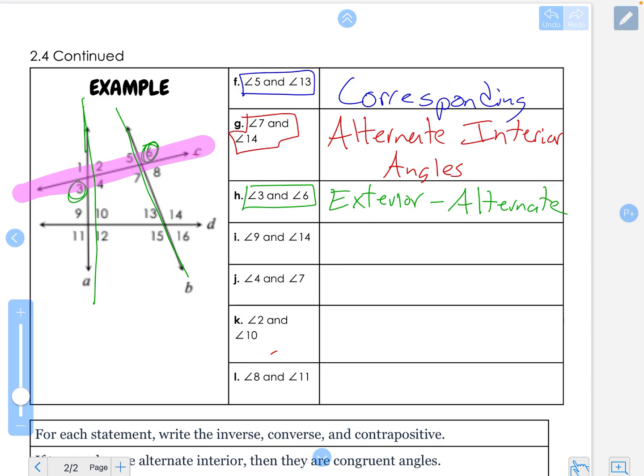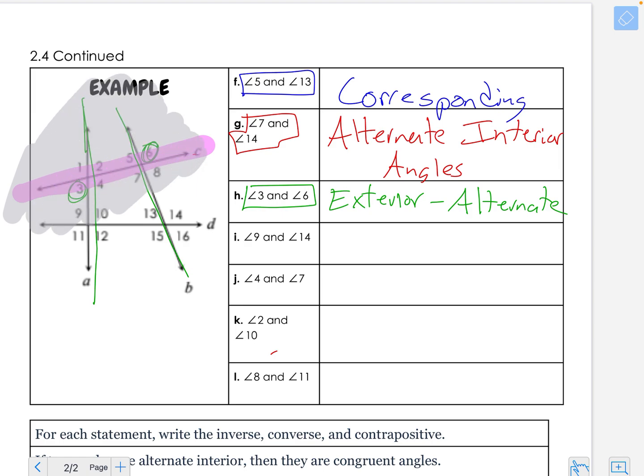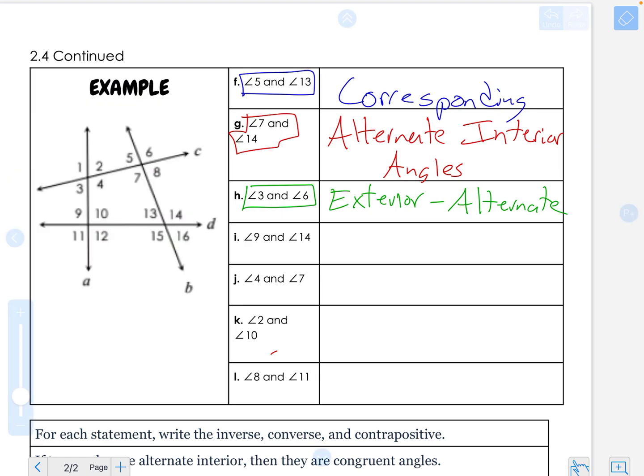All right, so now let's look at 9 and 14. I'm going to erase what I just drew because we're going to be looking at a different transversal, and I want to be able to show that. So 9 and 14, we're going to do in this color. They're both on line D, and line D crosses two others.